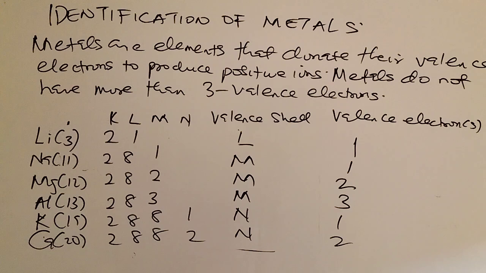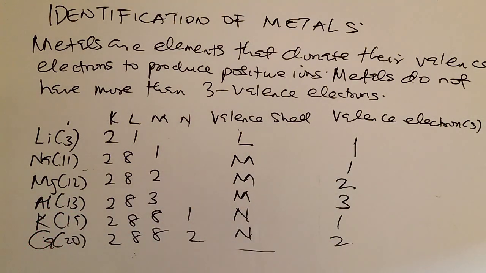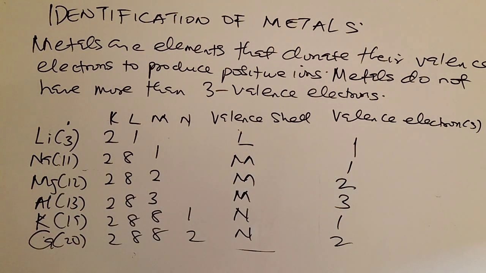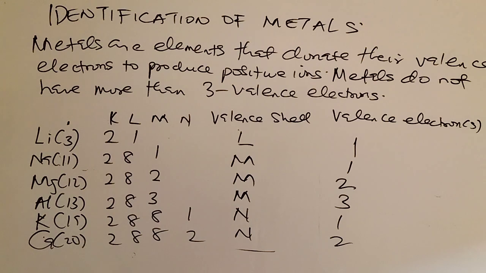So you can see that from the valence electrons we have here, none of them is more than 3. And that makes these elements metals in the first 20 category. Now, are there elements that have not more than 3 electrons in the valence shell but are not metals?